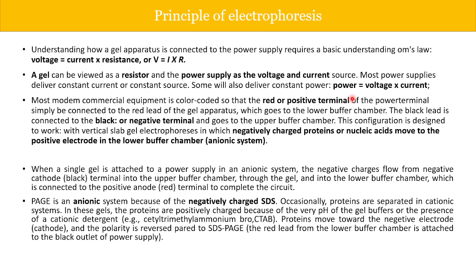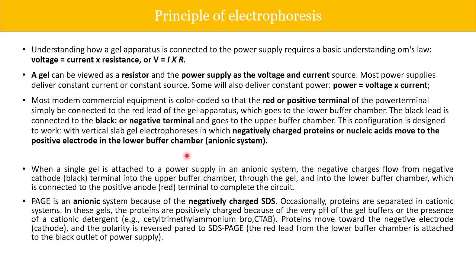Now, if you look at commercially available equipment, or a gel apparatus, you would see that the positive terminal is colored red and the negative terminal is colored black. This configuration is designed to work with a vertical slab gel electrophoresis, or even a horizontal gel electrophoresis for a protein sample, and the negatively charged proteins or nucleic acids move towards the positive electrode in the lower buffer chamber, an anionic system.